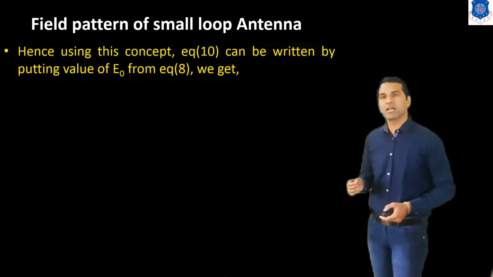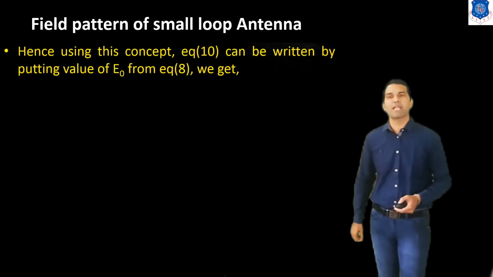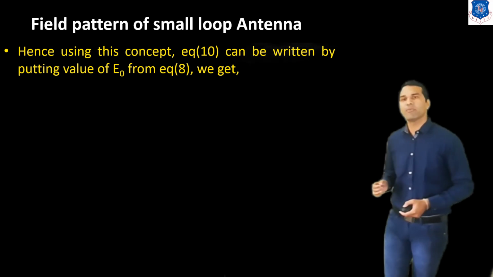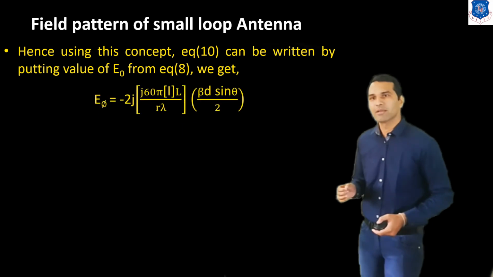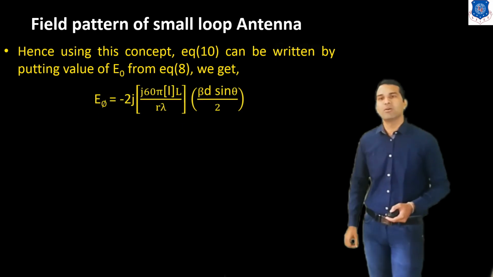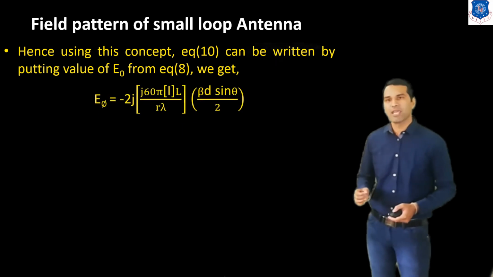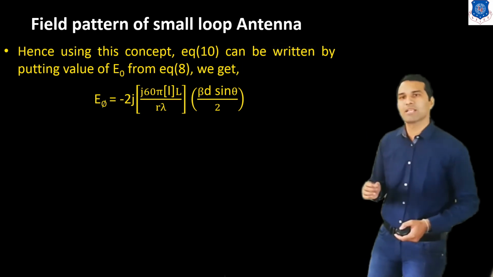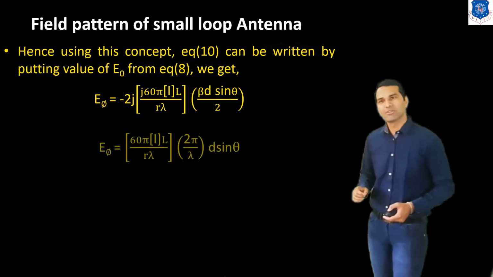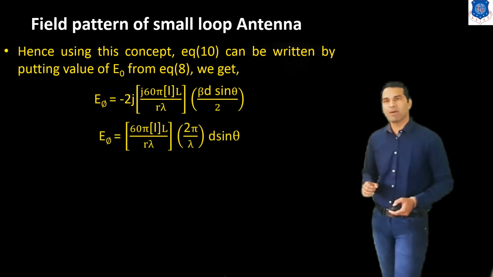Hence, using this concept, equation number 10 can be written by putting the value of E from equation number 8. We get E phi equals minus 2j times j 60 pi IL upon R lambda times beta d sin theta by 2. Now we simplify this equation.